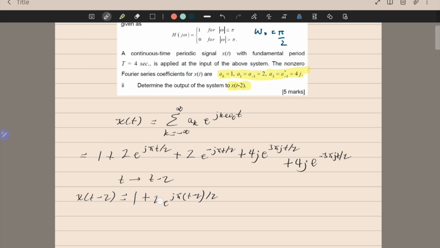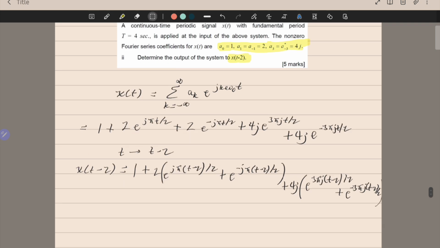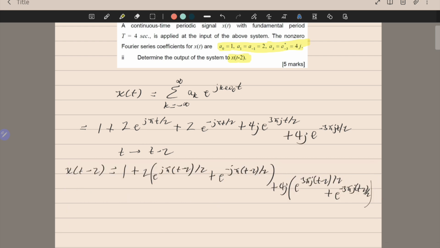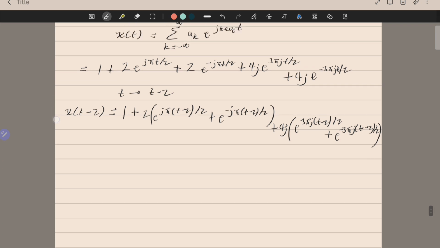Actually, let's just factorize out the 2, plus e to the minus j pi t minus 2 over 2, plus 4j, okay, multiplied by e to the 3 pi j t minus 2 over 2, plus e to the minus 3 pi j t minus 2 over 2. There's barely enough space left. Let's just drag this out to the right a bit. Okay.